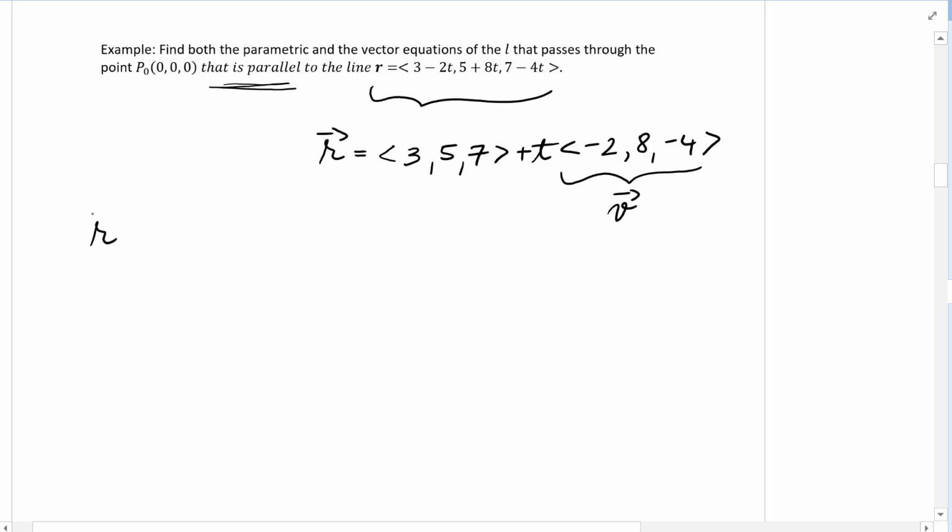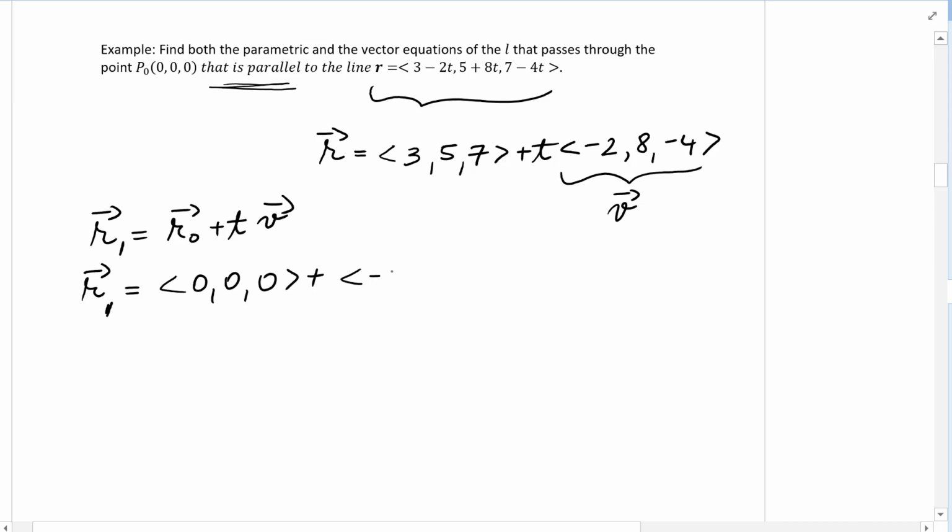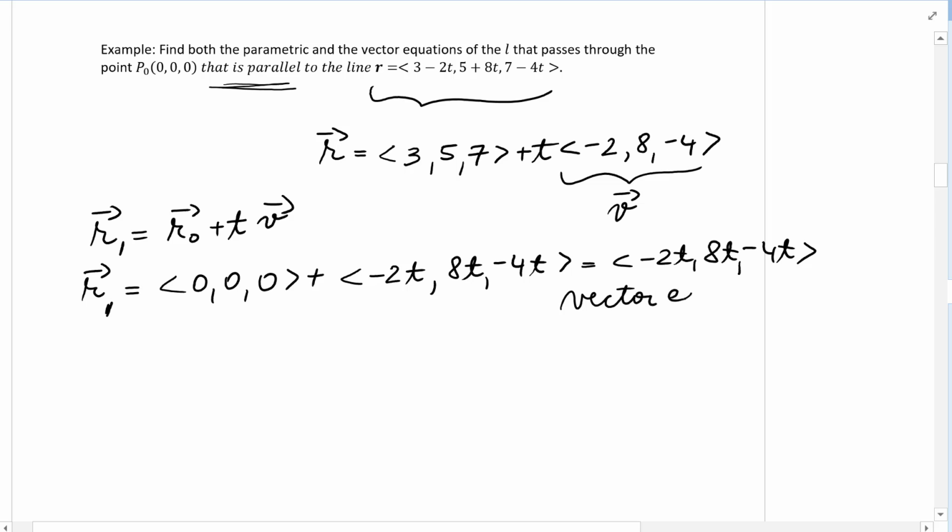So now the line that we want to get, it's r equals r naught plus tv. So our line, we can call it r1, is r0, which is 0, 0, 0, plus -2t, 8t, -4t. So it's actually -2t, 8t, and -4t. This is the vector form of the vector equation.